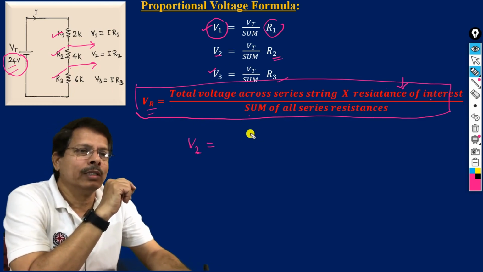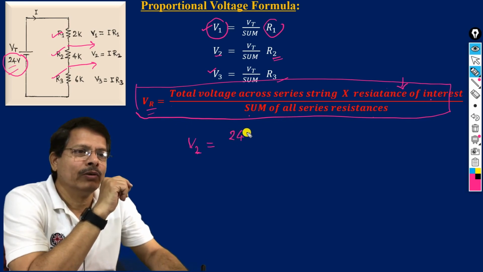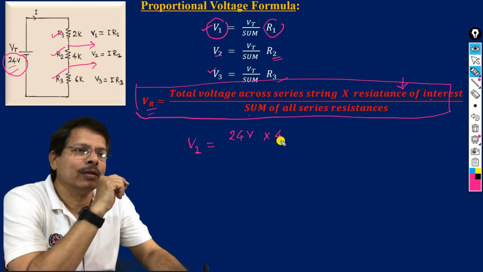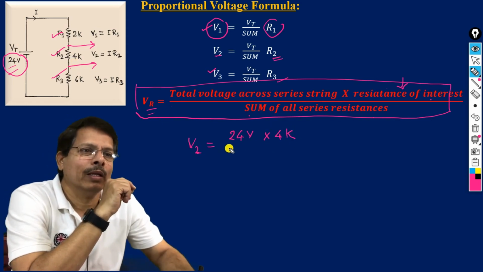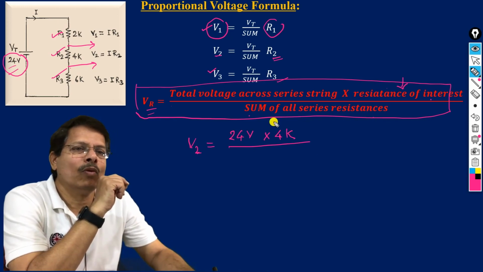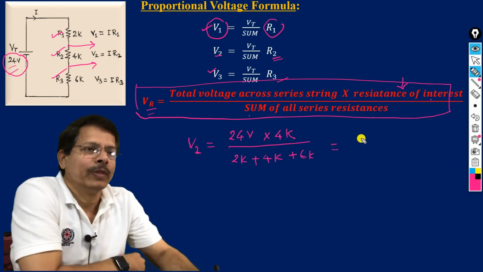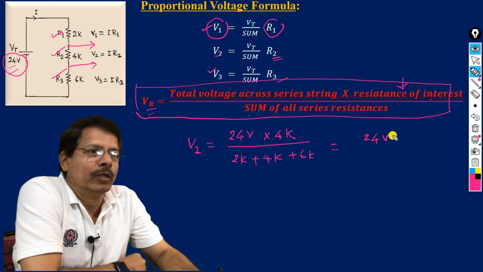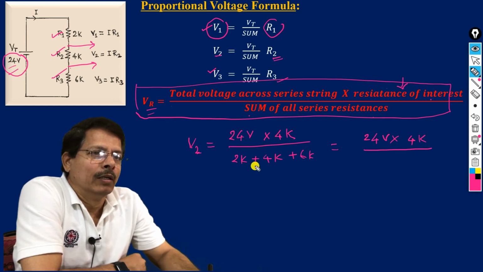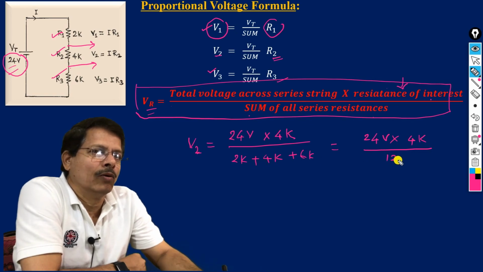Total voltage across the series combination. How much is it? 24 volt, into the resistance of interest, which is 4K, divided by the sum of all resistors, that is 2K plus 4K plus 6K. So this is 24 volt into 4K divided by 2 plus 4, that is 6, plus 6, 12K.